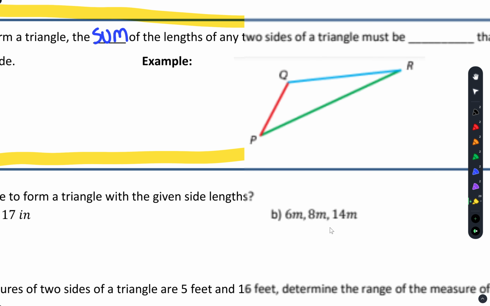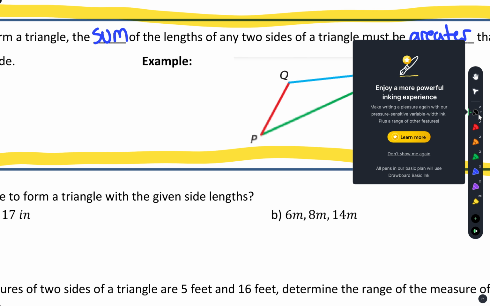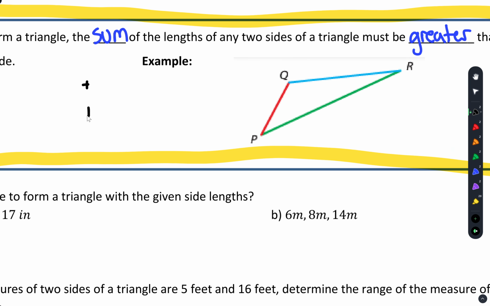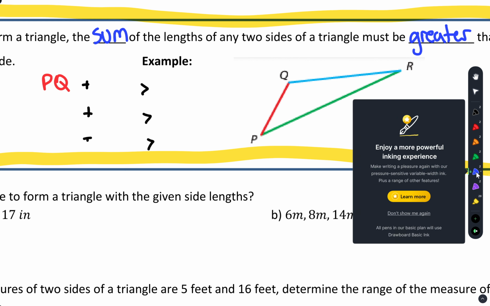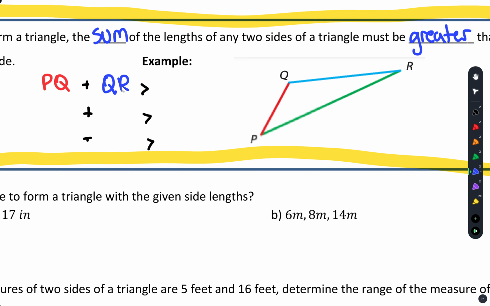So in this example, I'm going to color code it nicely for us. Let me put some plus signs and greater than signs in here. So this states that if I add PQ, the red side, plus QR, the blue side, they must together be greater than RP. Let's pick a different combination.